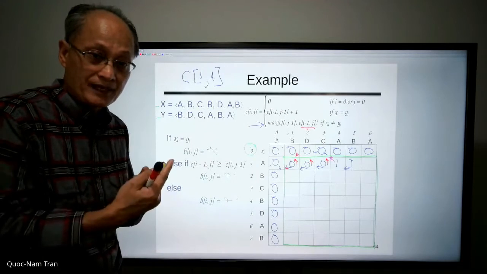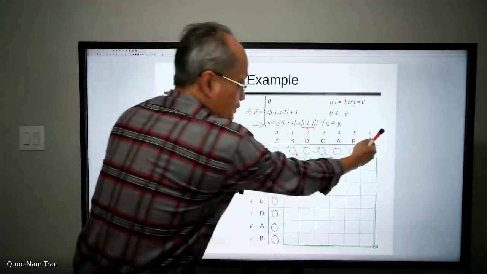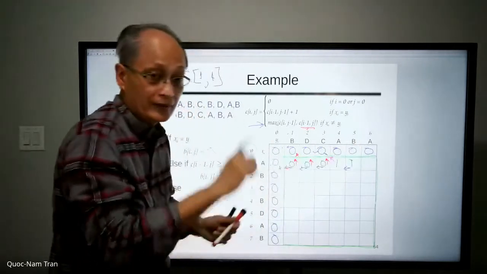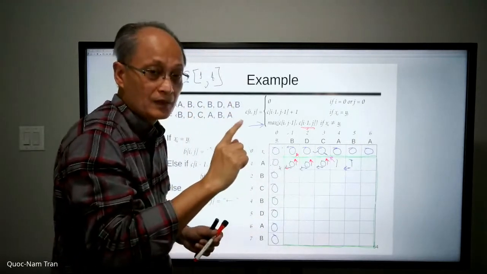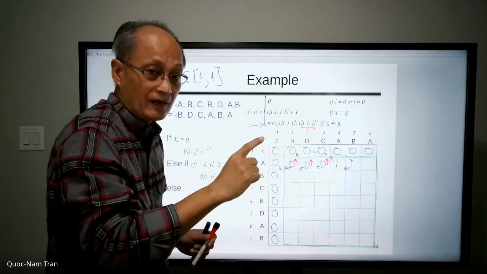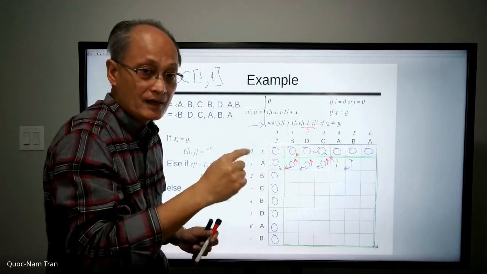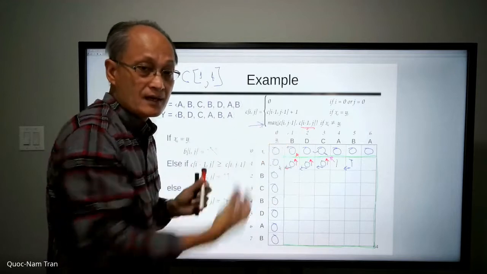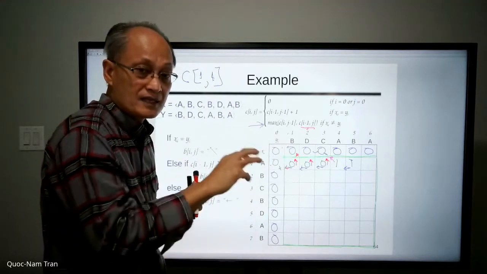Because remember that if we have a match, then the match counts as 1, plus the length of the longest subsequence of the previous substrings.